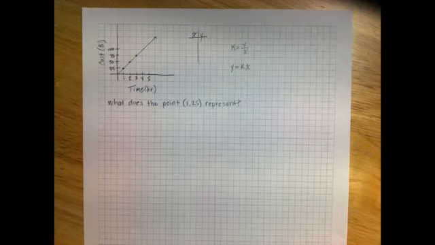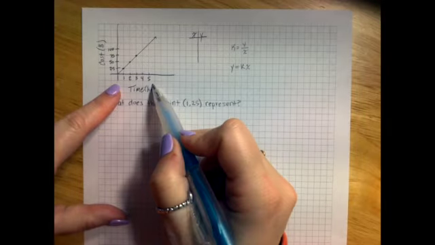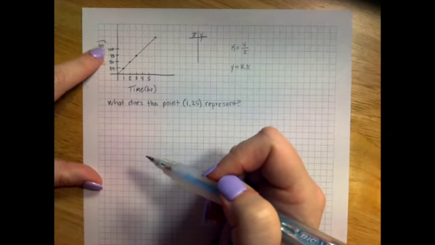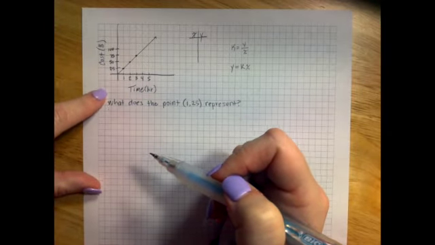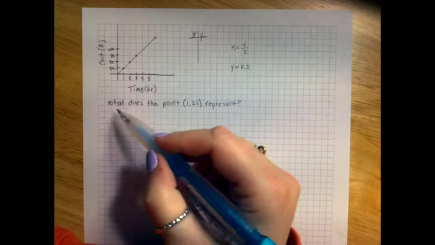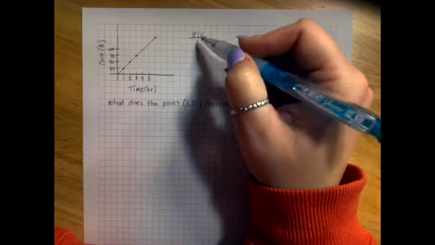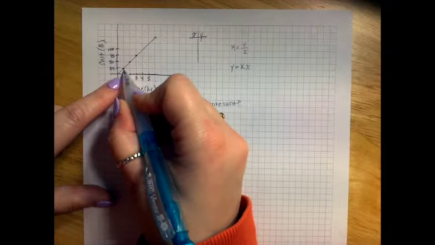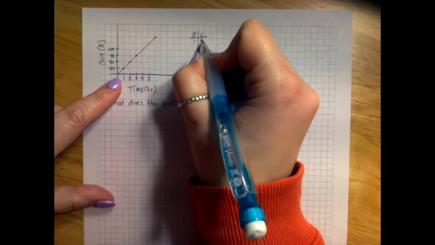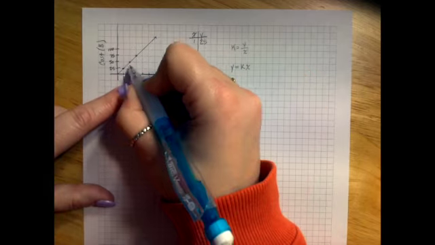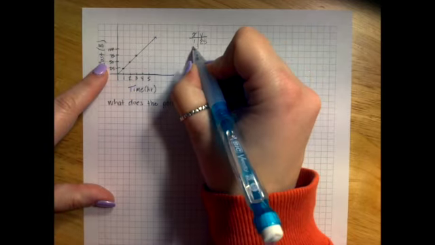Here we have someone spending time, and it looks like they're getting paid. First of all, find your ordered pairs. Find out your values. When x is 1, y is 25. When x is 2, y is 50.